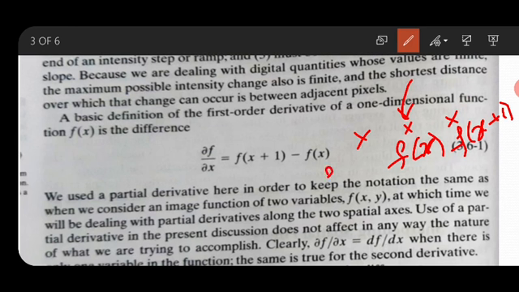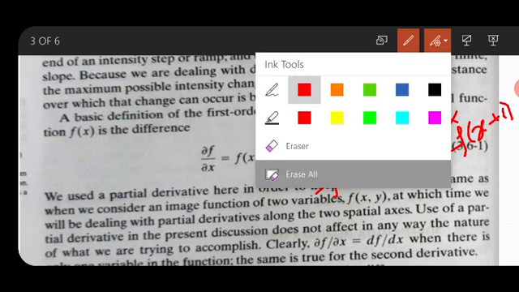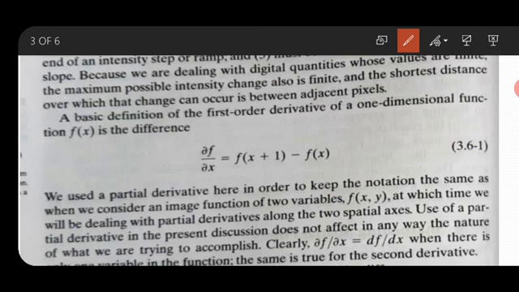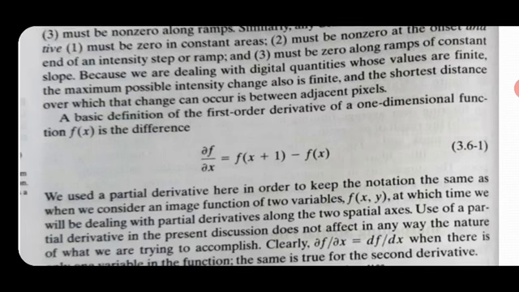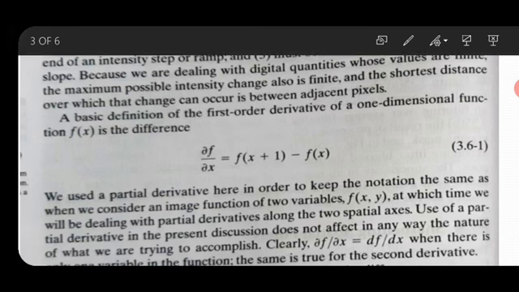What could be the next one here? f(x-1). I hope you have good knowledge of f(x), f(x+1) and f(x-1). I am currently using 3 pixels because of f(x+1) and f(x-1). Is that clear? Now this is the first derivative.